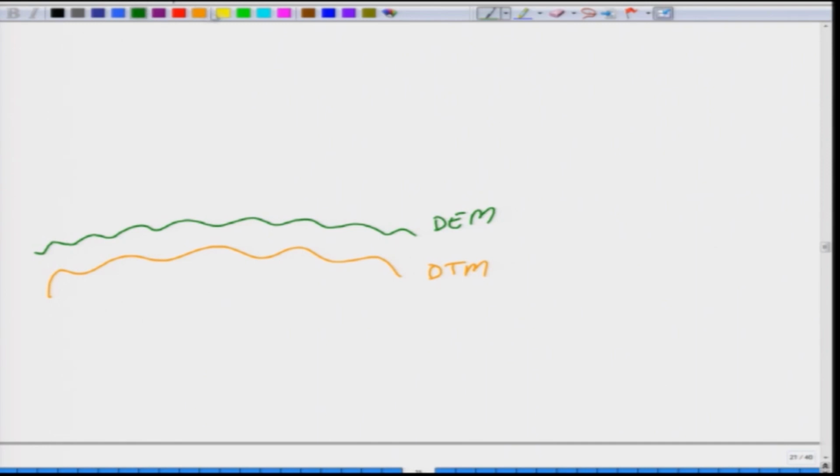And if you subtract DTM from DEM, you will get the heights of the canopy at different positions. So, this is giving you the digital canopy height model. This is equal to DEM minus DTM.